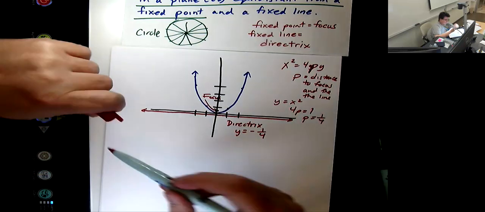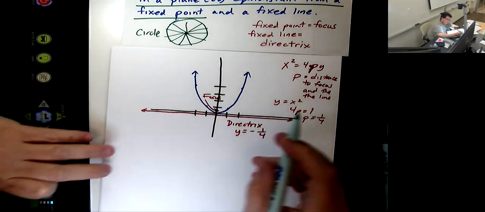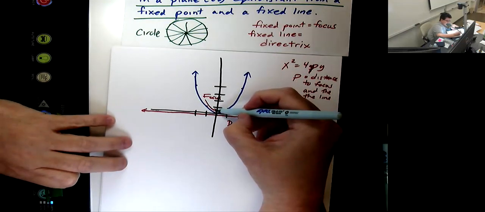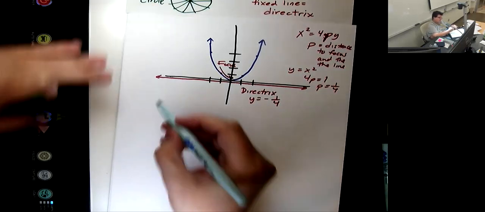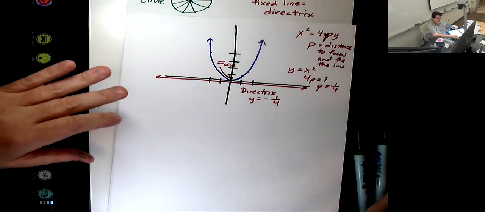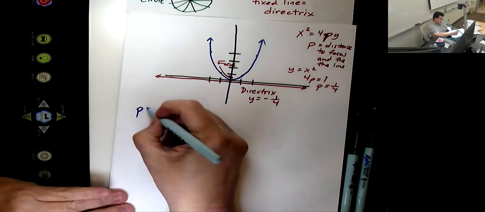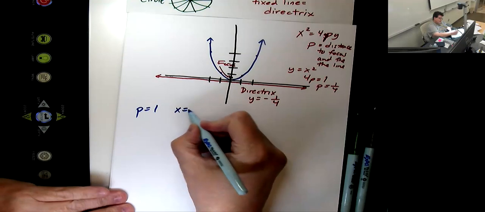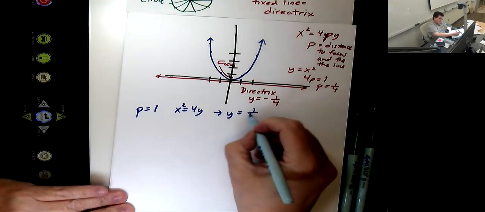Probably not the best way to show it. Let me pick a different value. Let's do p equals 1. When p equals 1, we have x squared equals 4y, or y equals 1/4 x squared.